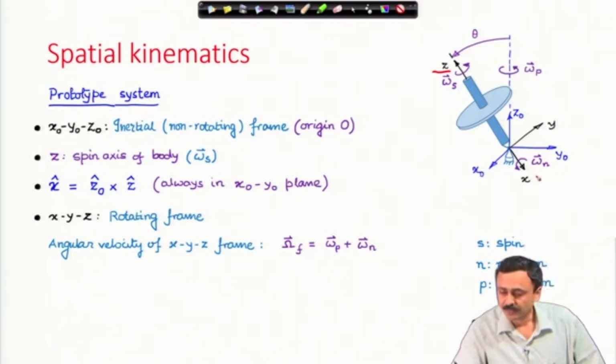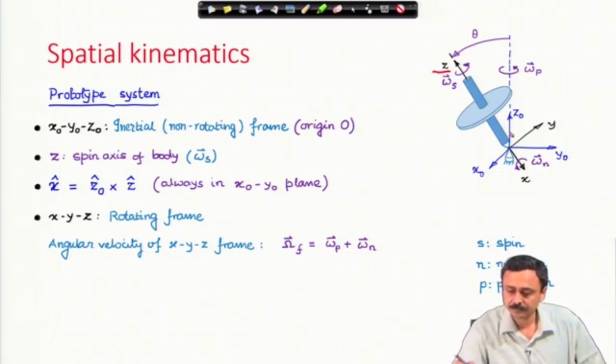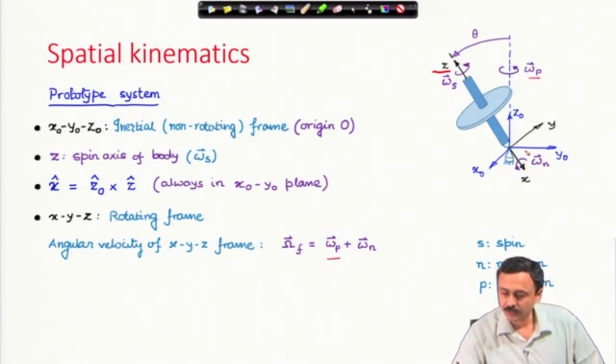You can now see that the precessional motion omega p rotates the xyz axis. Therefore, if I call this angle psi, then psi dot is the magnitude of omega p vector.